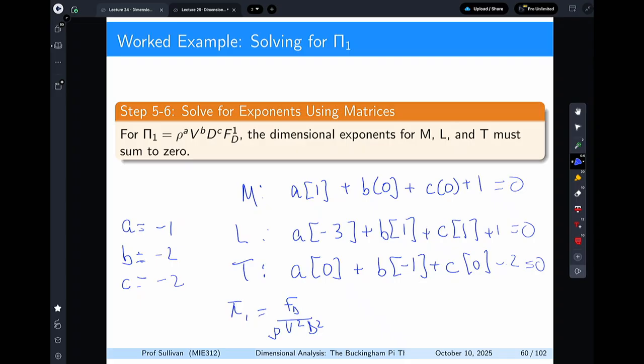So this is for pi1, and I'm using as my repeating variable force of drag.